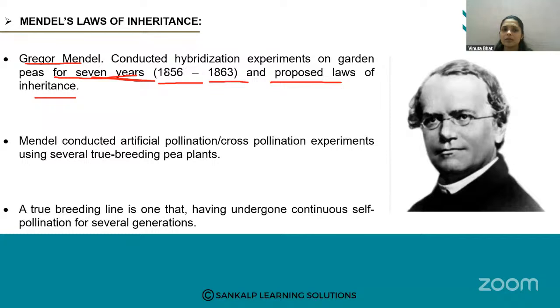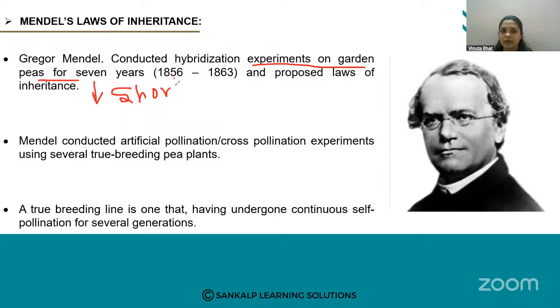For his experiments, Mendel selected the garden pea plants. Why did he select garden pea plants? He could choose any other plant or organism, right? But why did he choose the garden pea plants? Because these pea plants have a short lifespan.